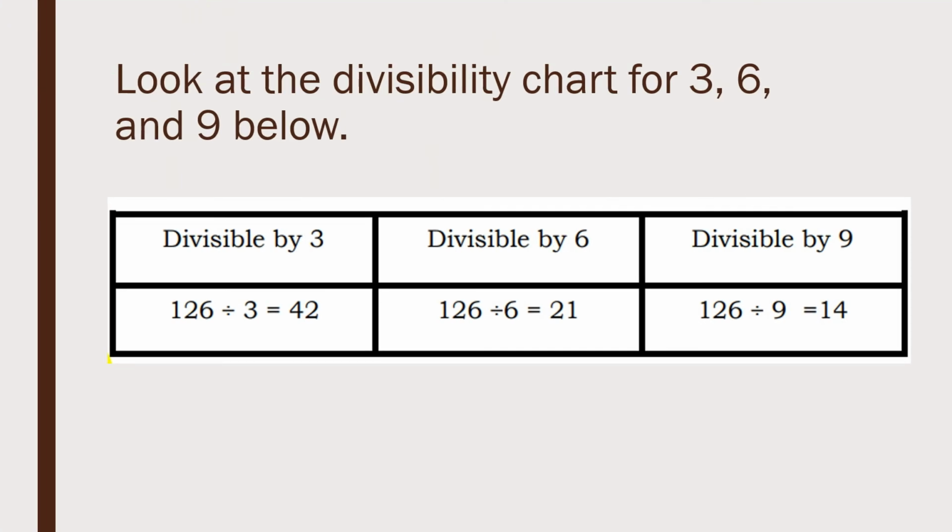Let us take a look at this chart. If Hannah will group the sunflower by 3, she will get 42 sunflowers in each group. By 6, she will get 21 in each group. And by 9, she will get 14 sunflowers in each group.